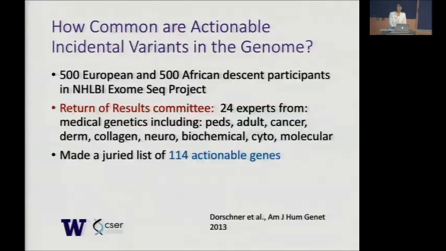So one of the questions that the group asked was, how common are actionable incidental variants in the genome? In order to answer this question, we evaluated exomes from 1,000 participants in an exome sequencing project. And Gail convened a return of results committee of 24 individuals with varying expertise. And we came up with a juried list of 114 genes that we considered to be medically actionable.